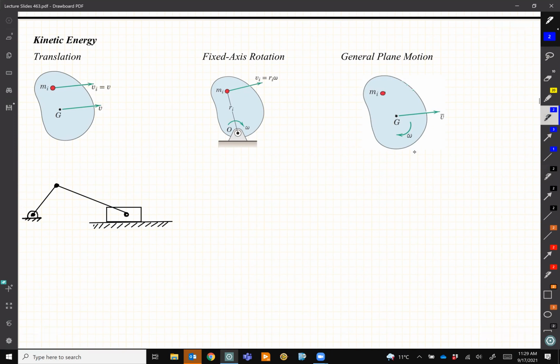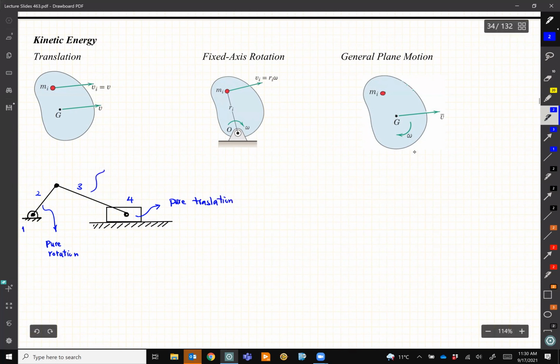So for a slider crank, this is member 1, 2, 3, and 4. Member 2 has pure rotation. Member 4 has pure translation, right? But member 3 has both of them: rotation plus translation.